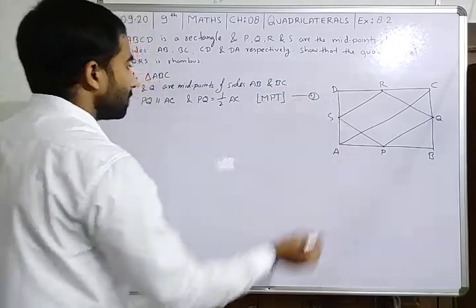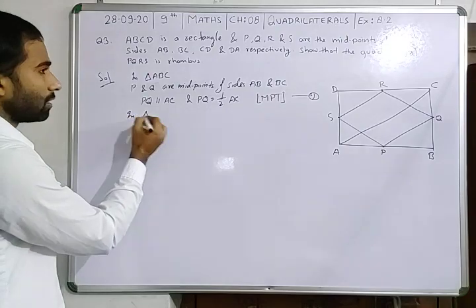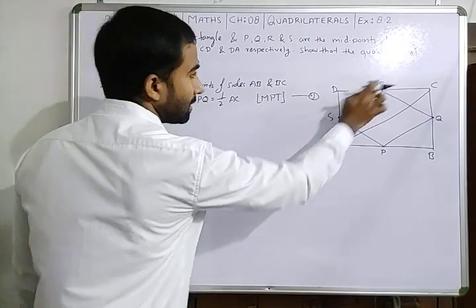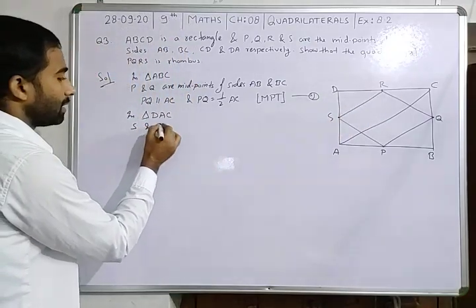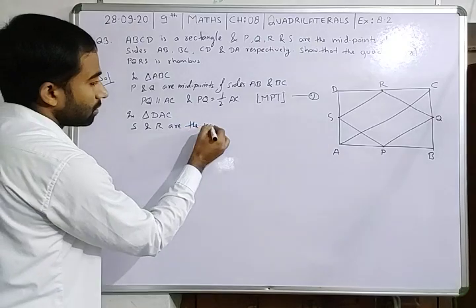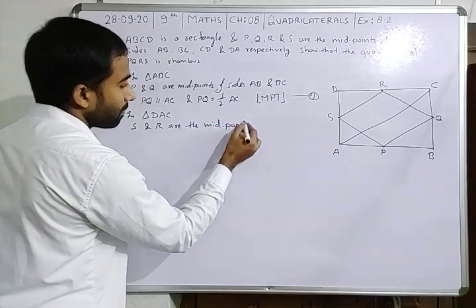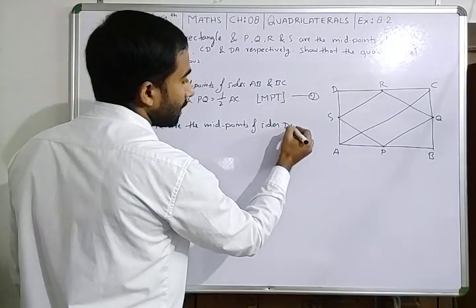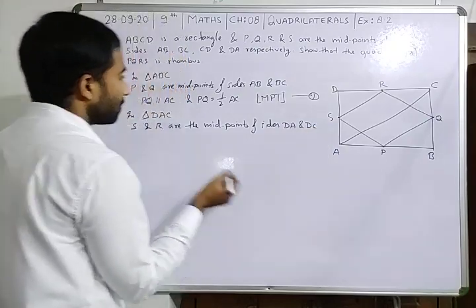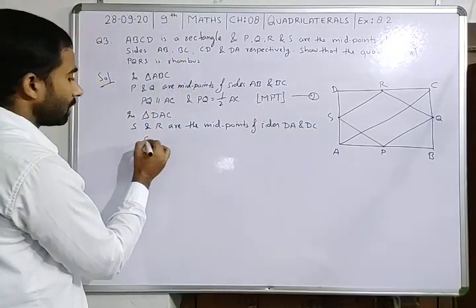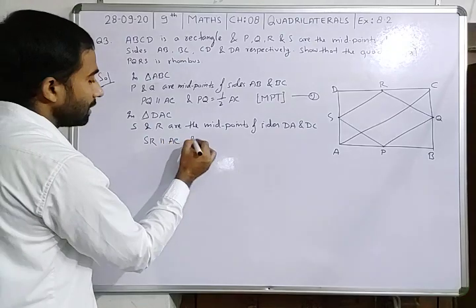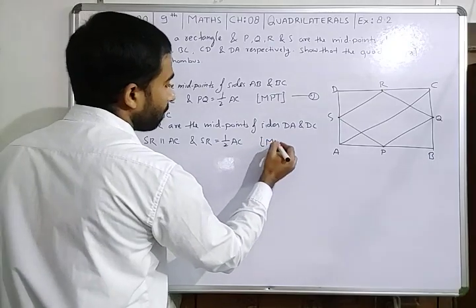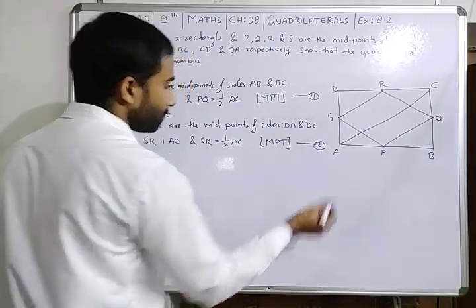Say equation 1. Similarly, in triangle DAC, you can see here S and R are the midpoints of sides DA and DC. So now here you can also write SR is parallel to AC and SR is equal to half of AC by MPT. Say equation 2.